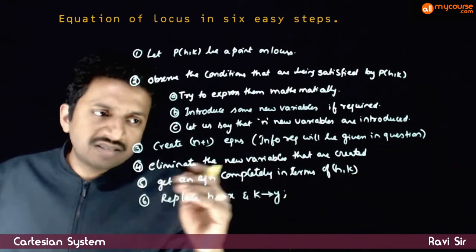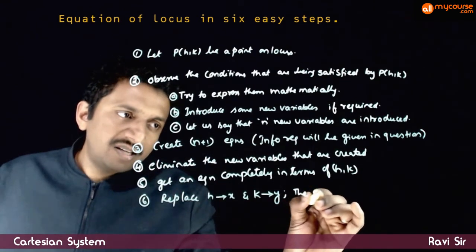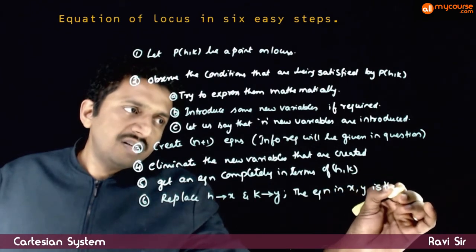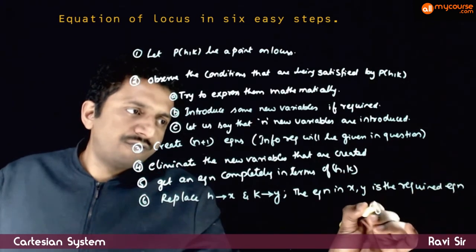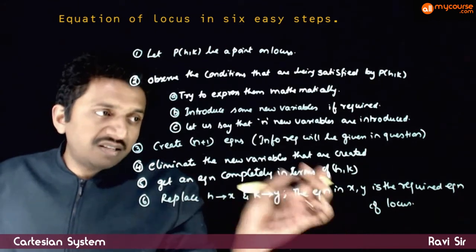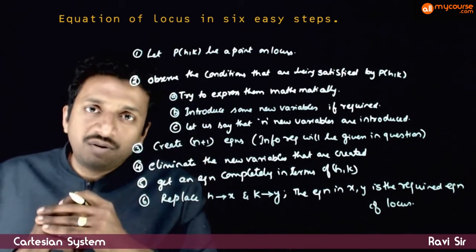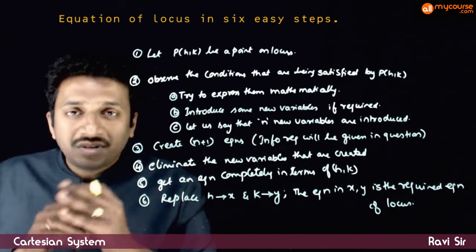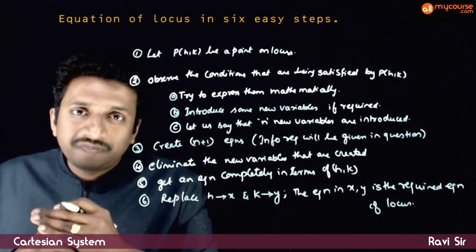The equation in x, y is the required equation of locus. So whatever equation is left is the equation of locus. These are the 6 steps that you need to follow to complete your question on locus. I hope you have observed these steps in the examples that we have done already.